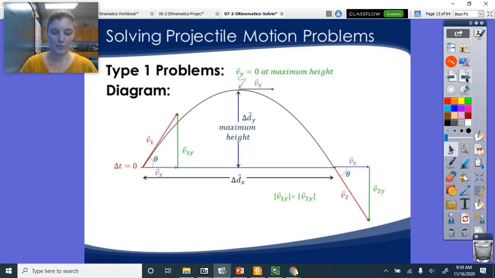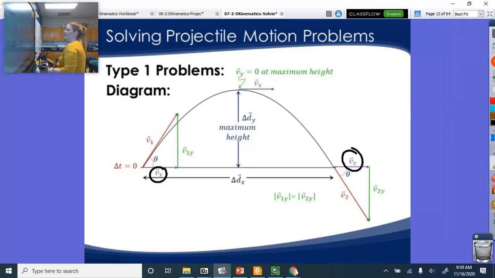So let's look at this problem right here. Oh, sorry, this is just a diagram for these types of problems. So you'll see that our component in x stays constant at the beginning and at the end, and also at the middle.